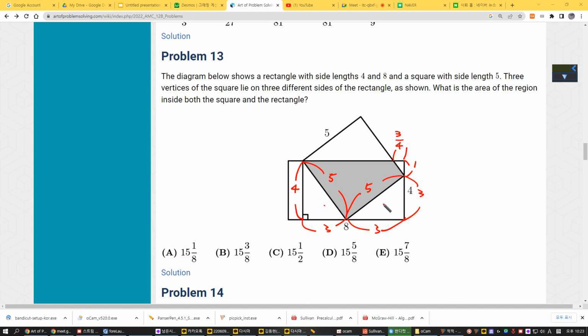Yeah, so subtract these three triangles from the rectangle, and that will make the area of the shaded region. So what will be the answer?